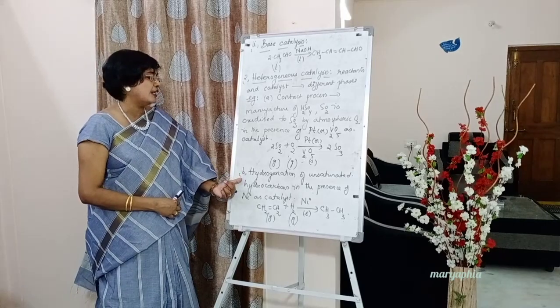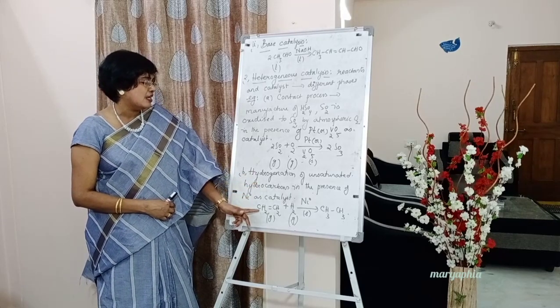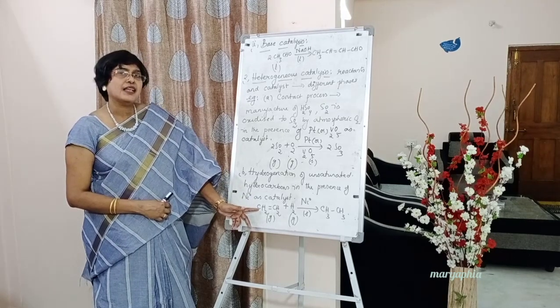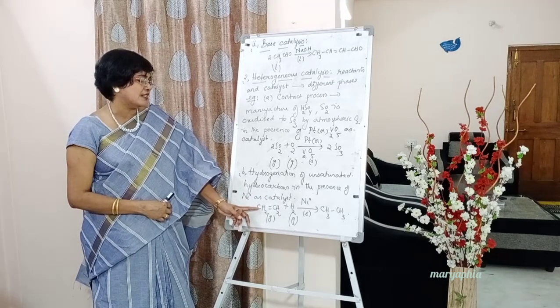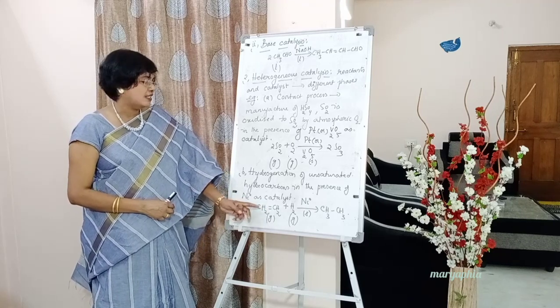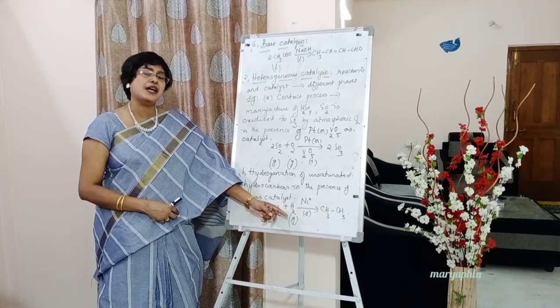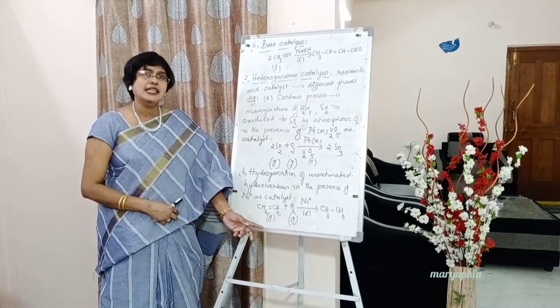Next example, students, hydrogenation of unsaturated hydrocarbons. Here, alkenes are taken. For example, ethylene, CH2 double bond CH2. Hydrogenation, addition of hydrogen. These two are in gaseous phase.